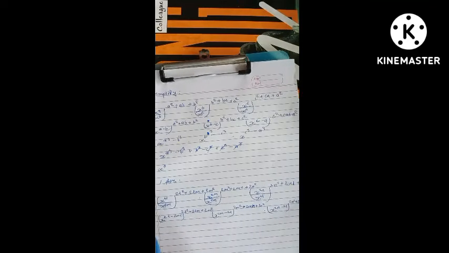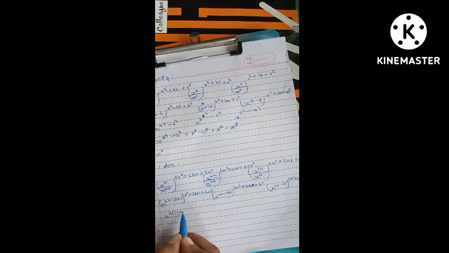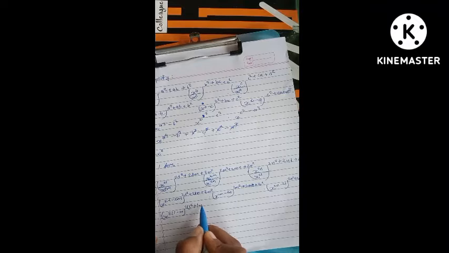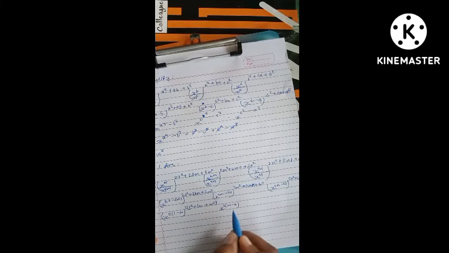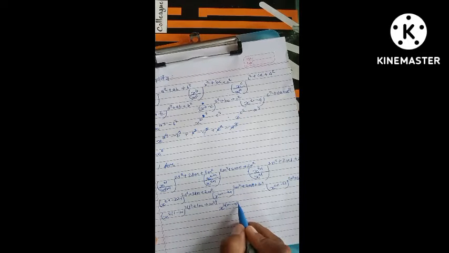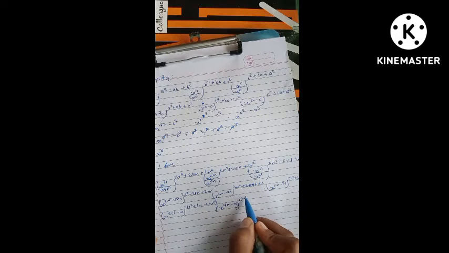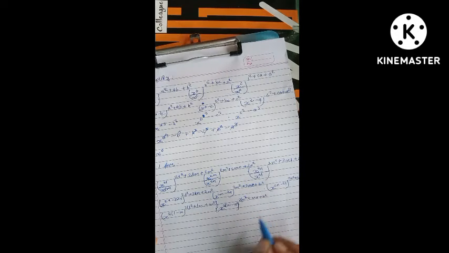Then we can write x, and 2 is common, so 2 times (l minus m), and also 2 is common in l square plus lm plus m square. Similarly x, 2 is common, m minus n, with 2 common in m square plus mn plus n square.